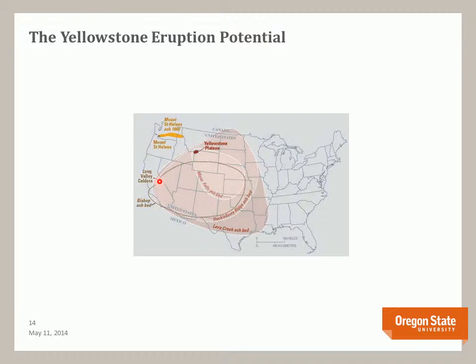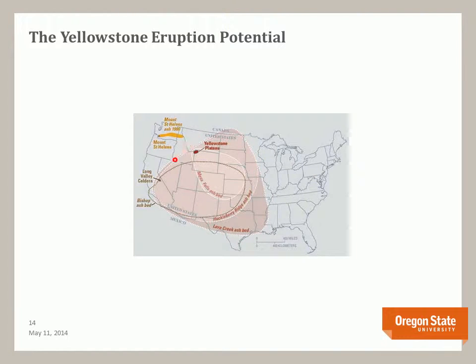The Long Valley caldera had an ash distribution shown by this dotted line, and the three eruptive features in the last 2.5 million years or so of Yellowstone had a much bigger regional extent, as shown here in the Lava Creek ash bed.